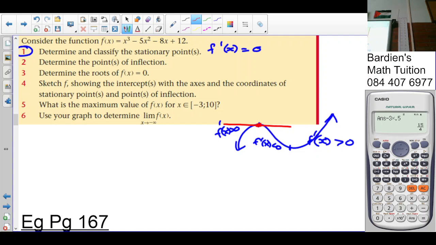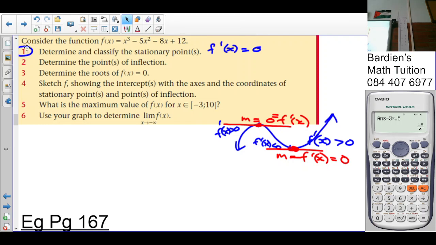So the gradient is going to be 0. Here as well, at that turning point, your gradient, which is your first derivative, is equal to 0. And that's the reason why when they ask us to determine the stationary points, I work out my first derivative and I set it equal to 0. So do that quickly and solve for x.